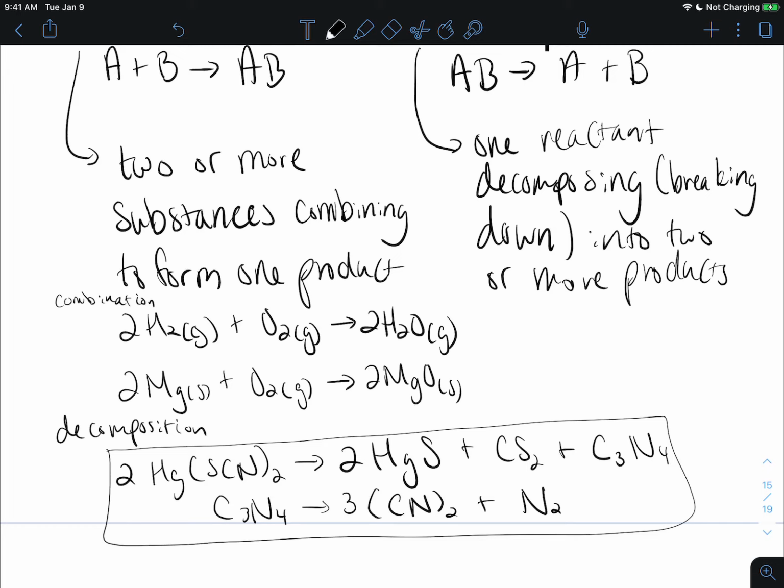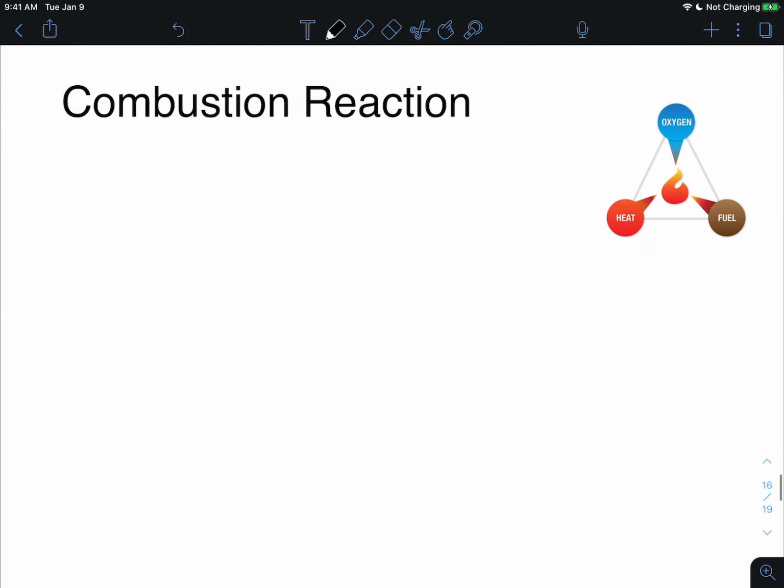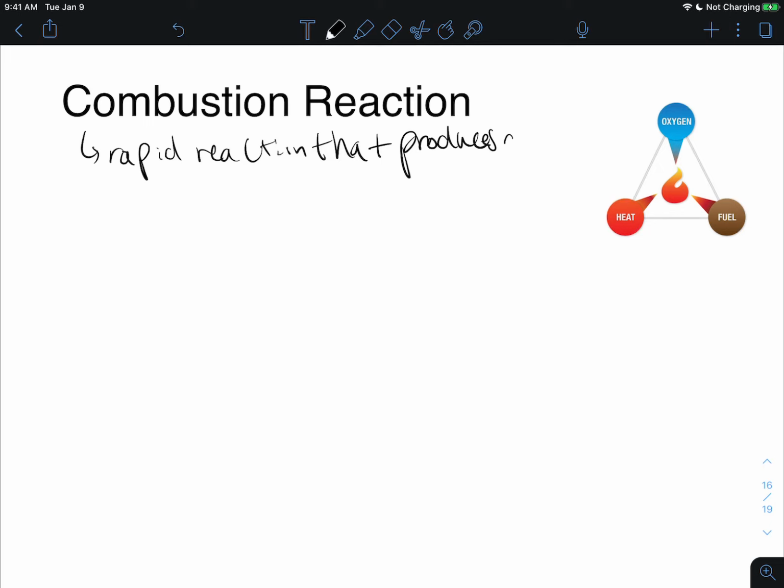It's kind of cool. Okay, next, combustion reaction. So, rapid reaction that produces a flame. Okay, so the general formula is some hydrocarbon is going to react with oxygen gas to produce carbon dioxide and water.